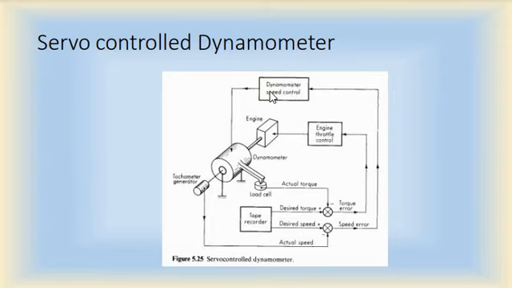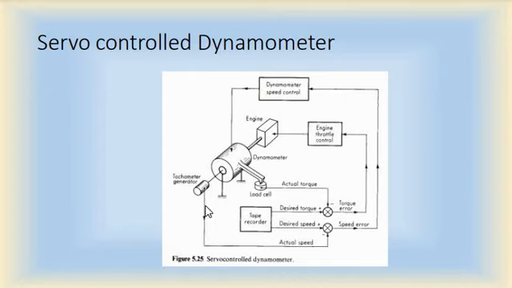This will produce the necessary compensating signals, which are given to the dynamometer so that the speed is corrected there. So this is the automated control of a servo control dynamometer.